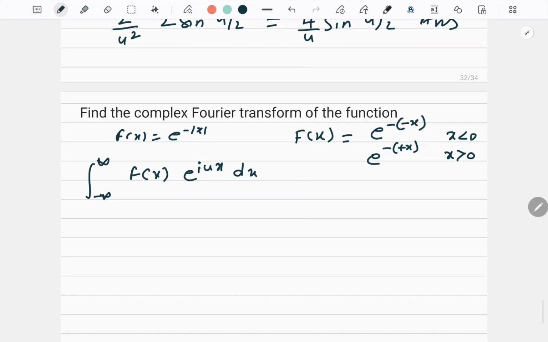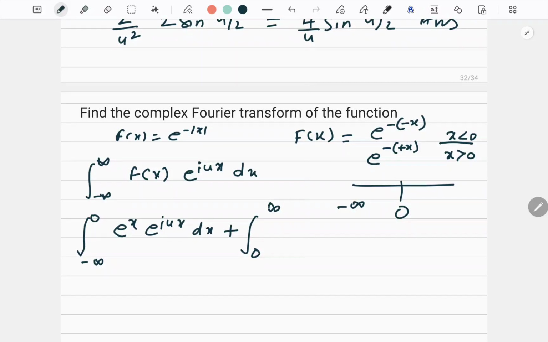Now negative means, if you imagine the number line, minus infinity to 0. So minus infinity to 0, f of x will be e to the power x, e to the power iux dx, plus 0 to infinity. What is the value of the function? e to the power minus x, e to the power iux dx.